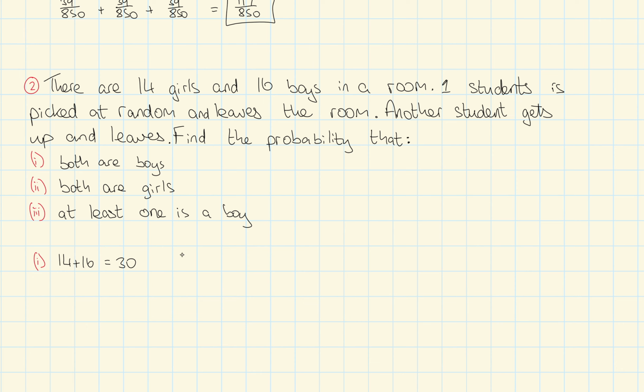Okay, so probability of boy followed by boy. So 16 over 30. If one boy has left the room, we've 15 left and 29 students left in the room. So we get 16 over 30 by 15 over 29. Gives me 8 over 29.